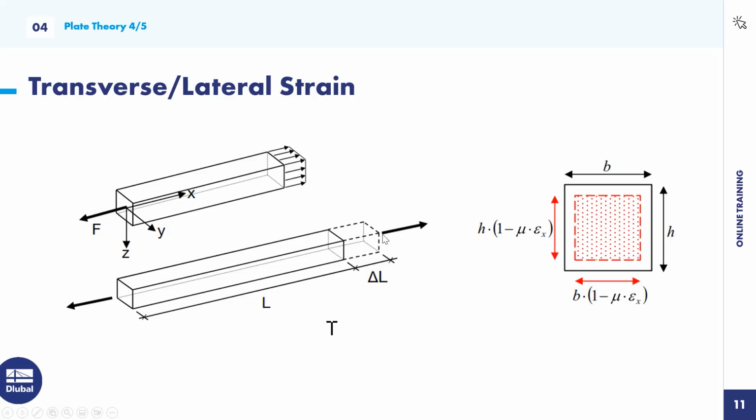We will have it pulled here as well as here, and it will deform by delta L. Now with this Poisson's ratio, we define how the section will shrink. So the change in the length will come from somewhere, and with this Poisson's ratio, we define how much it will come from the other directions, so how much the impact of this longitudinal force is for the other direction.